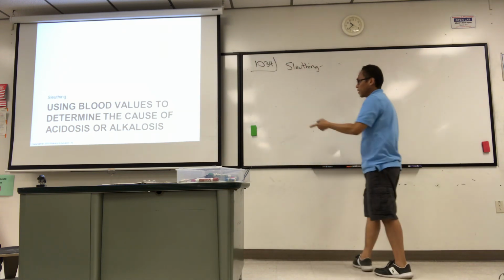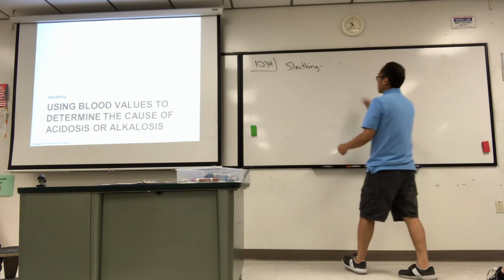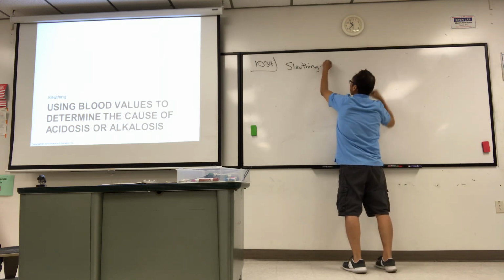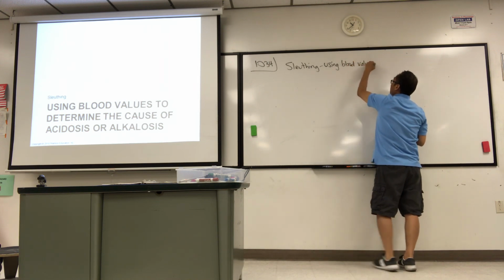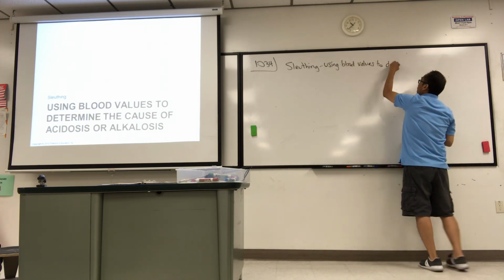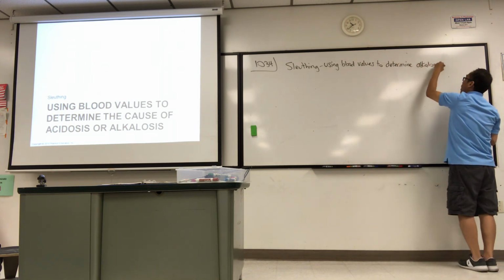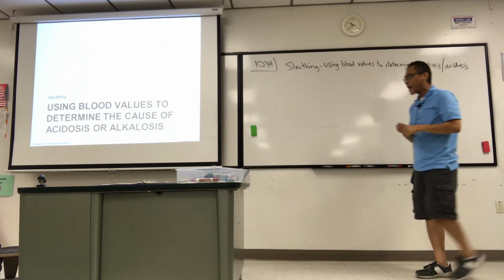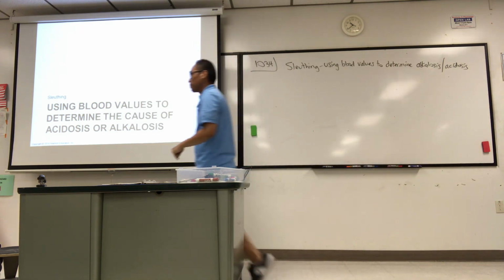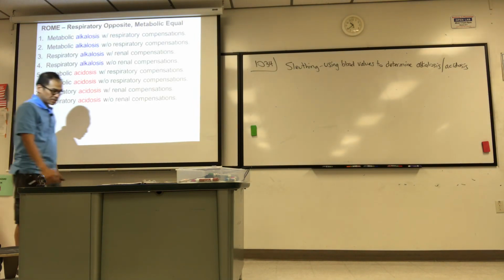Use blood values to determine the cause of acidosis or alkalosis in the patient. So the background to understand this, I'll give to you to understand how to solve 8 different scenarios.